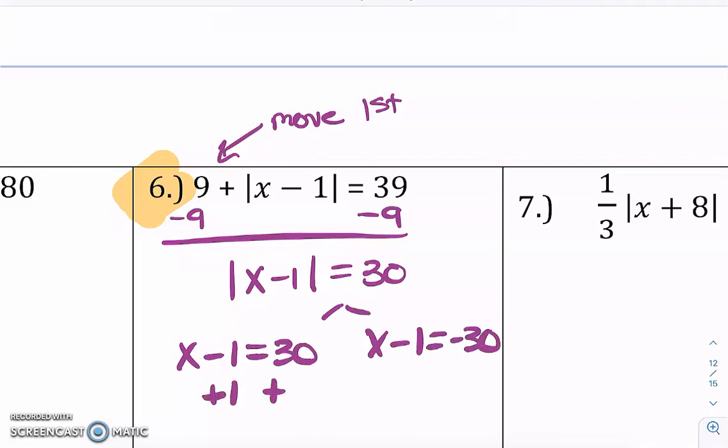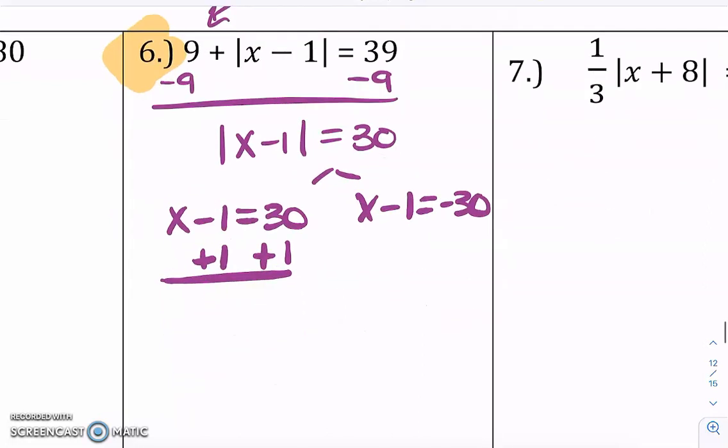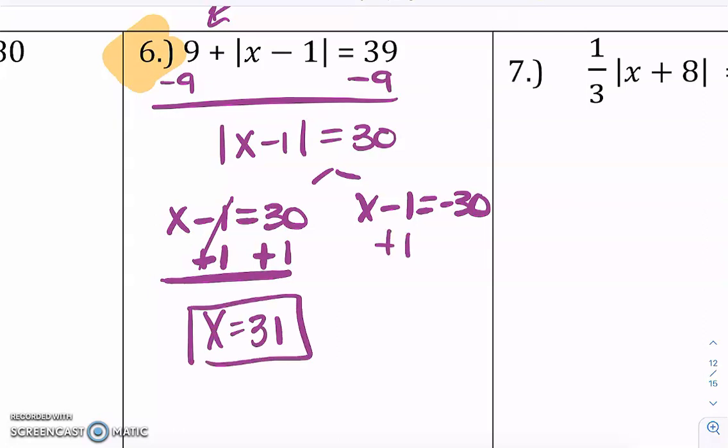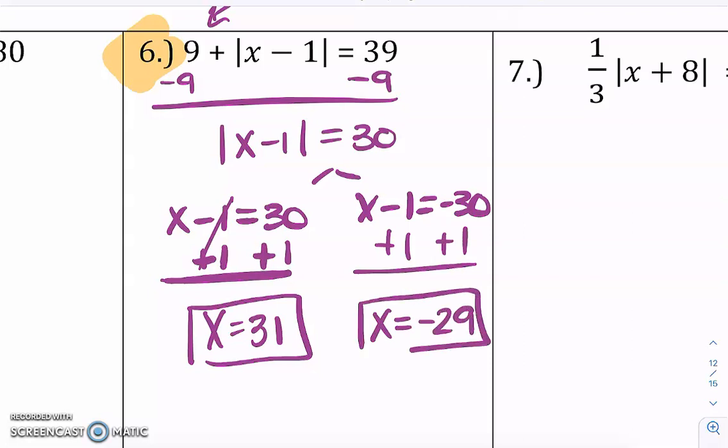So just one easy step of adding that 1 over, but two different answers. The hardest part about this is just knowing when you set them to the positive or negative, if you're ready to do that or if you have a first step.